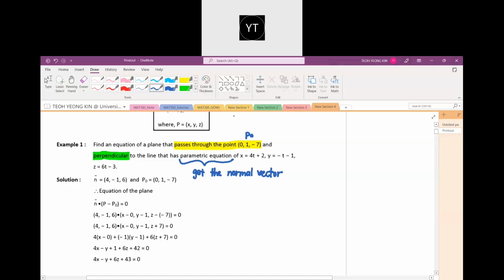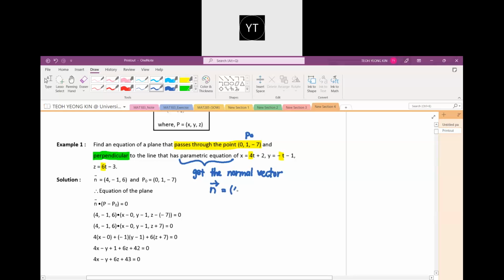From where will we get the n? We'll get it from the a, b, and c. In this case, our a, b, and c, or the normal vector, will be the values where a is 4, b is -1, and c is 6.